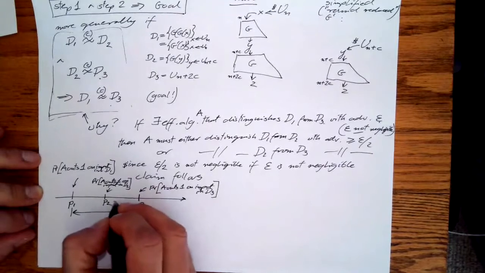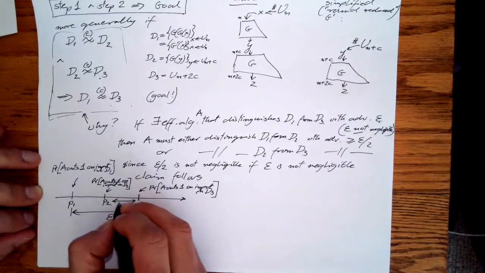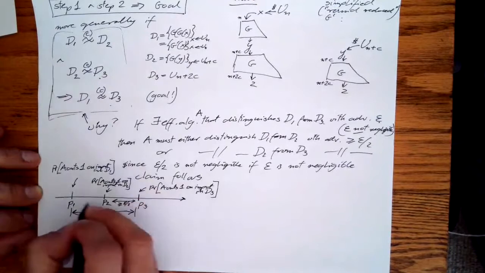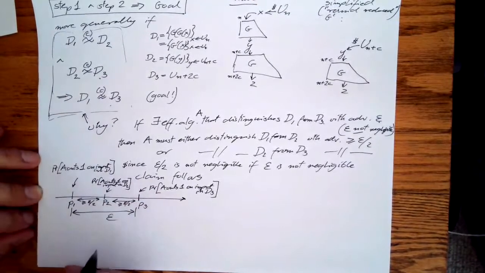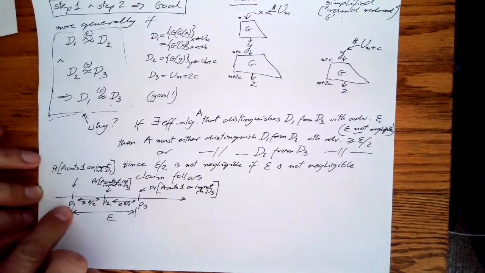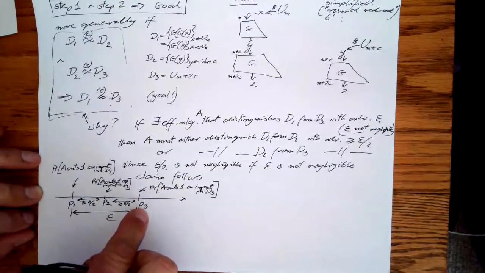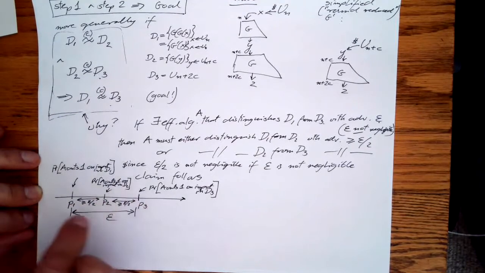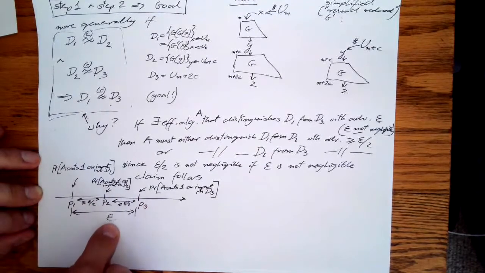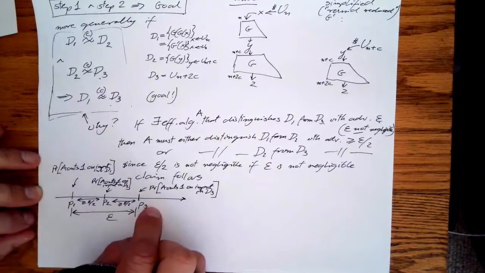Well, then it has to be that either this distance is larger than epsilon half, or this one is larger than epsilon half, right? You cannot get from point 1 to point 3 passing P2 and make just 2 steps, both of them less than half of this. You cannot get from here to here in that way, right?